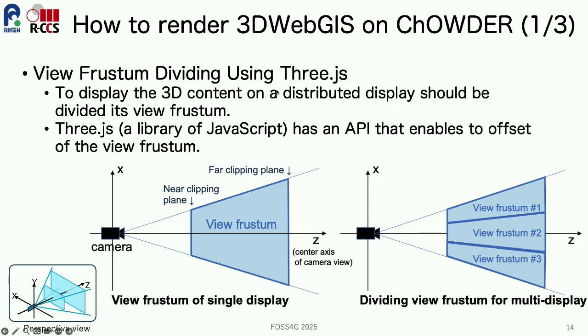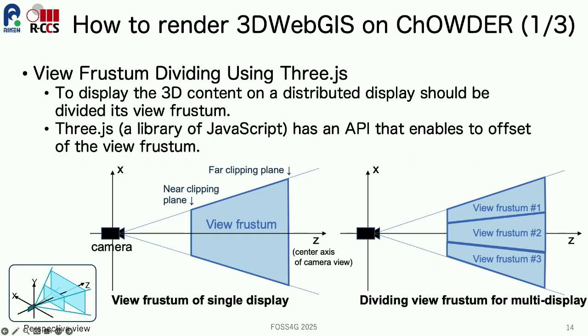Before that, I need to explain how distributed rendering works. To display 3D content on a distributed display, the view frustum should be divided like this. The left figure shows a normal view frustum for rendering 3D graphics on a single display.